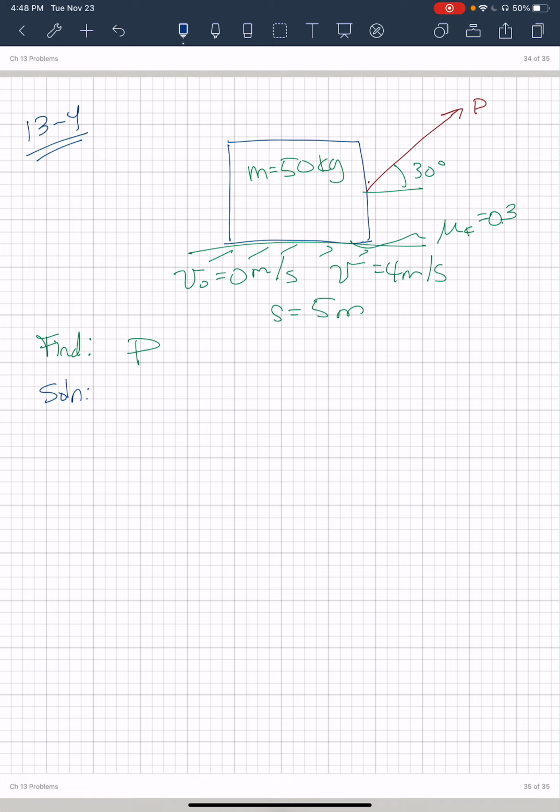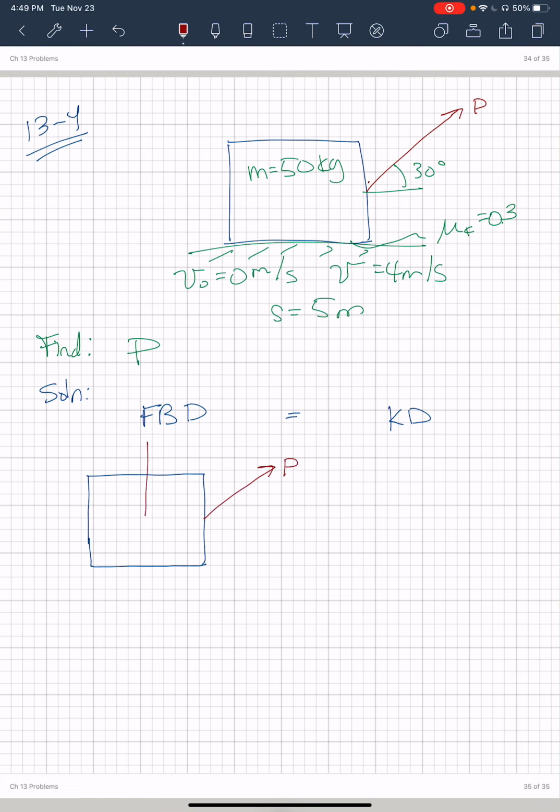So what we're going to do is start with our free body diagram and kinetic diagrams. And so we'll do the crate. We have that P force.